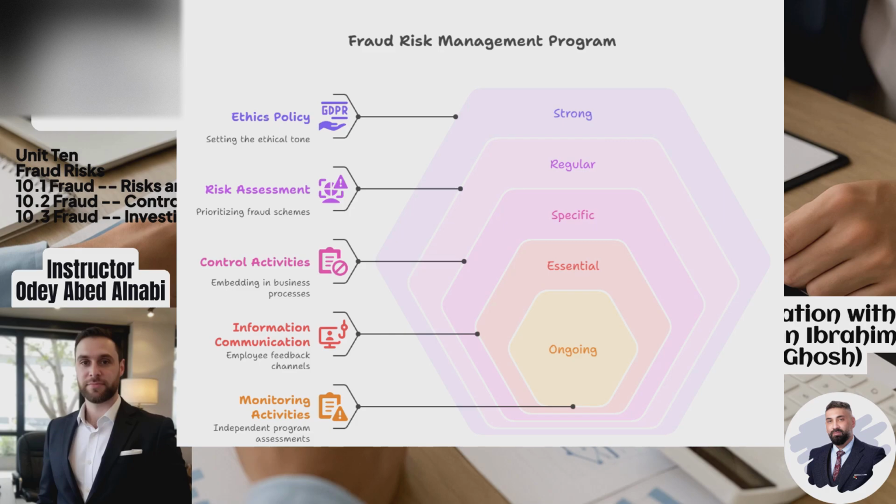Fraud detection often relies on this communication, with employee feedback through channels such as whistleblower hotlines, exit interviews, or surveys being common detection methods. Monitoring activities involve assessing the effectiveness of anti-fraud controls over time. This can occur through ongoing monitoring built into processes or through separate, independent assessments of the fraud risk management program.